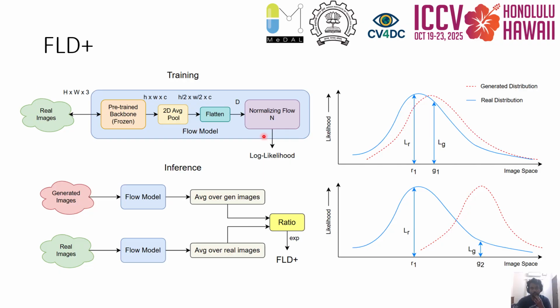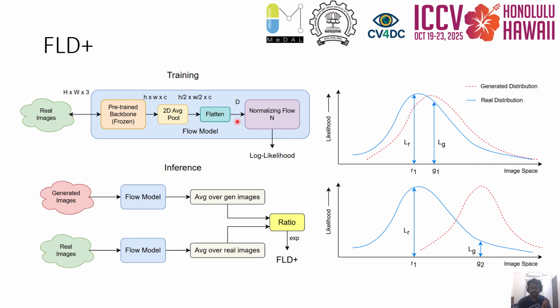So we use a normalizing flow to map the probability distribution of the real data and compute the actual likelihood of the images with respect to the real image data. So we train the normalizing flow using real images, where we extract the features of the pre-trained ImageNet backbone, do average pooling and flatten the features, and then train a normalizing flow on those features and compute the log likelihood.